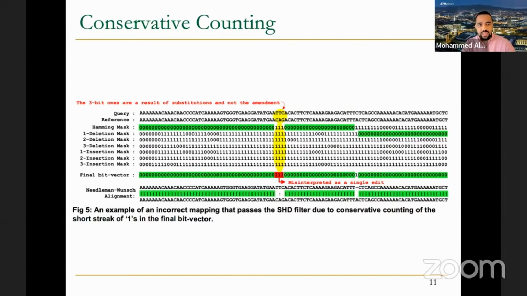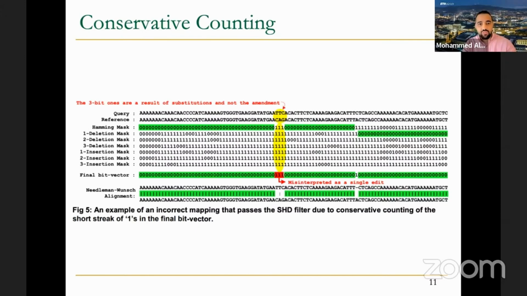We need to guess whether any 3 ones or 4 ones are coming from amendment of zeros into ones, or whether they are actually coming from a large set of deletions or insertions, for example. So if you got a group of deletions, like 4 deletions next to each other, then those will show up as 4 ones in the final bit vector.